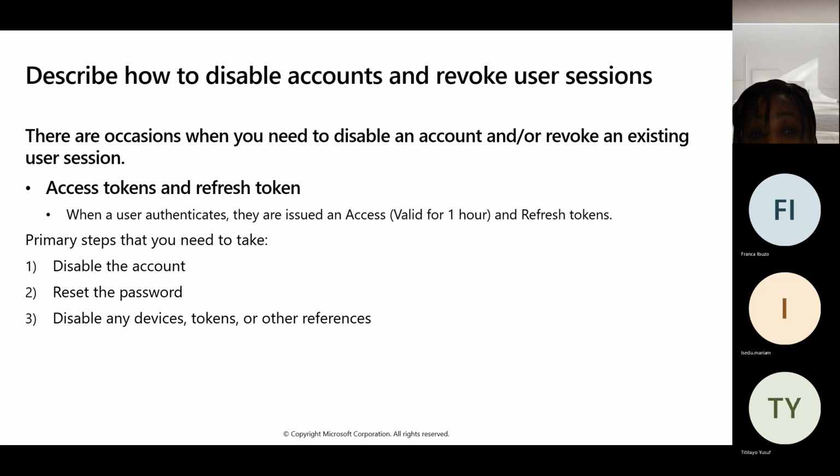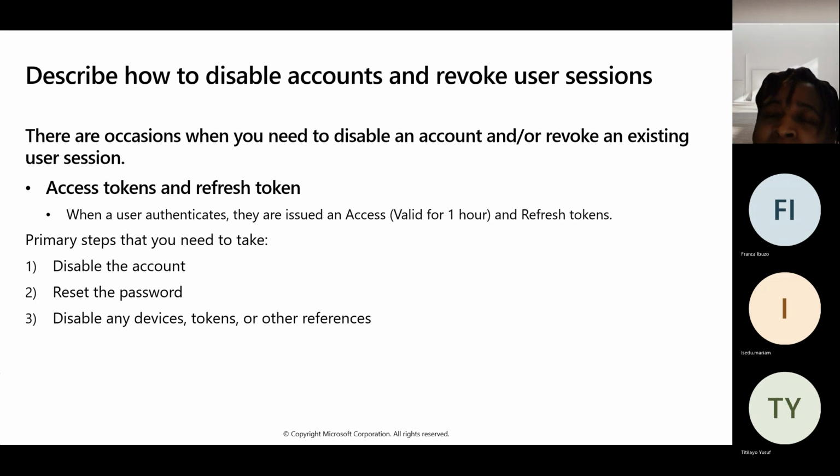Accounts can be disabled and user sessions can be revoked. You would have cases where you need to disable an account. Like I said, you can have a trigger that says if an account has tried to log in 3 or 5 times, disable this account as the incident response to possible account compromise. Because remember, one of the zero trust methodologies for identity is assume breach.